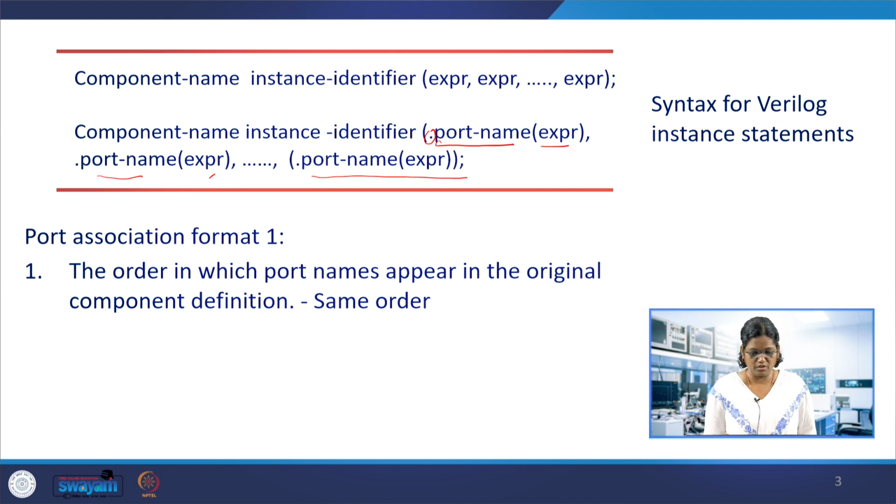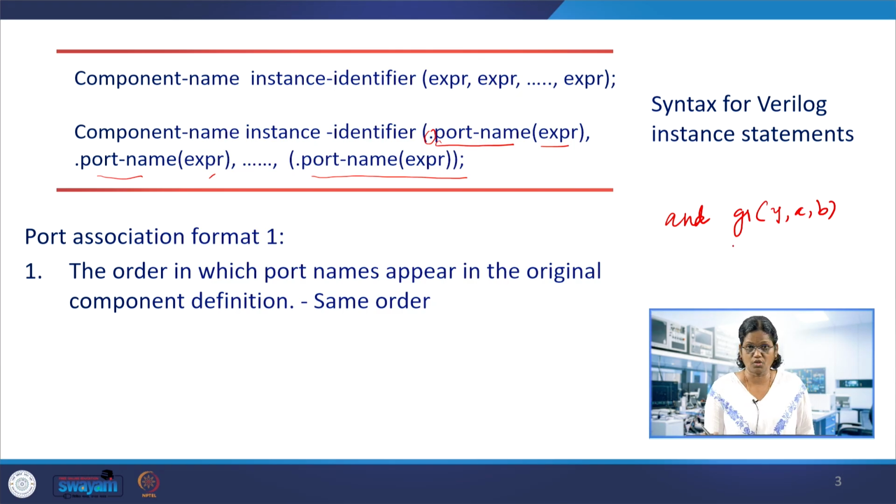For the AND gate, we had AND and the optional gate name, whether G1 or G2 or G3, and there is an output Y and inputs A and B. So this is the way in which we are writing: the output followed by input. So the order in which the built-in gates are defined, the order in which the expressions are written matters.